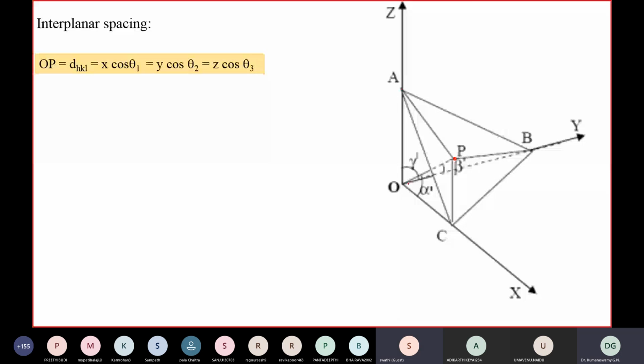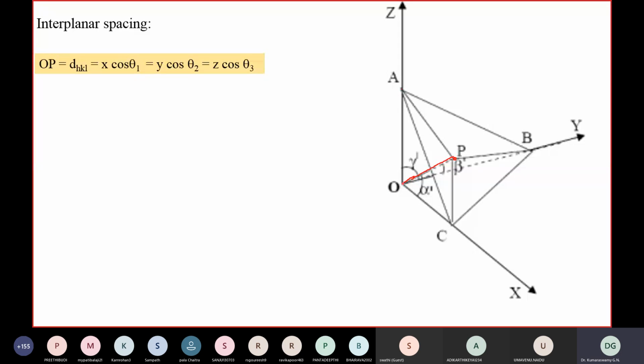So we have to imagine a 3D picture which connects O and P. This OP is perpendicular to the plane. Because what we are trying to find here is the distance between two planes, one is this plane, another is a plane at the origin.